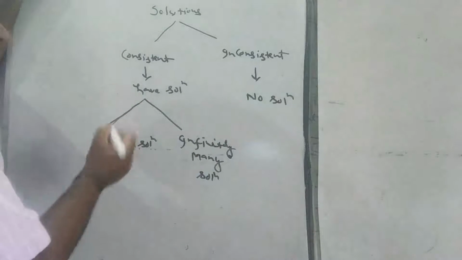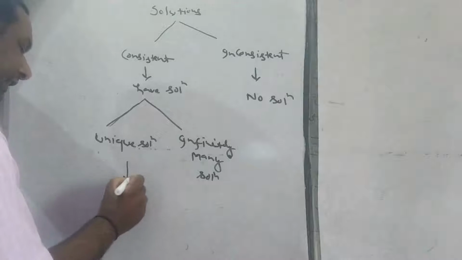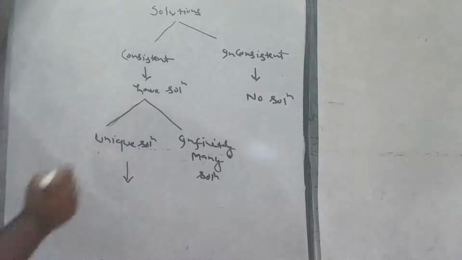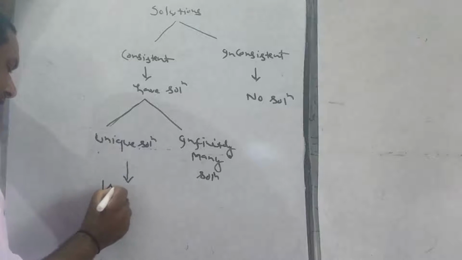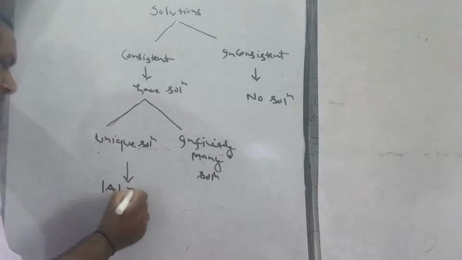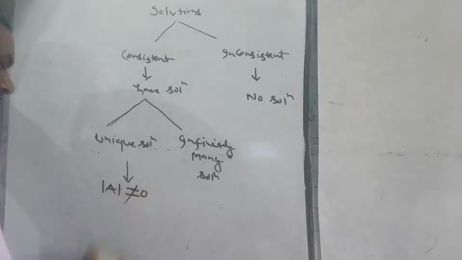And what is the condition in matrix for the unique solution? If we find determinant A not equal to 0, then that equation has a unique solution.